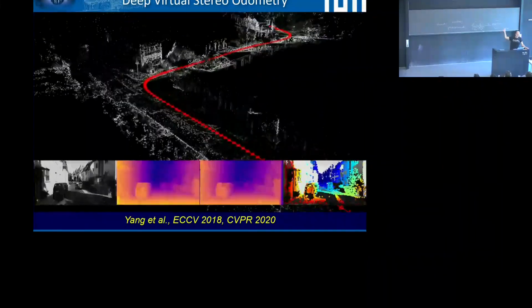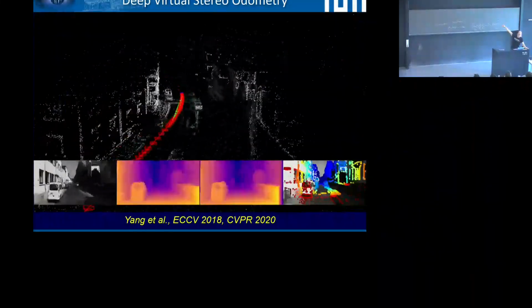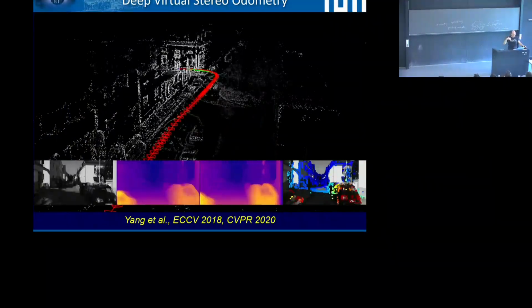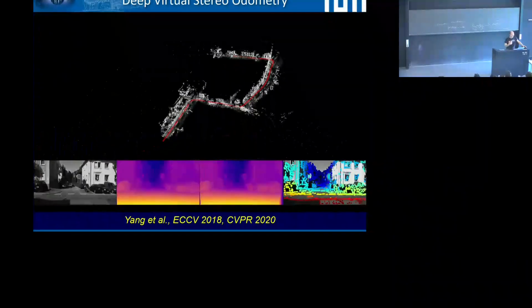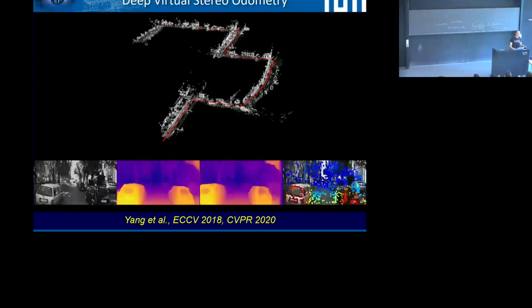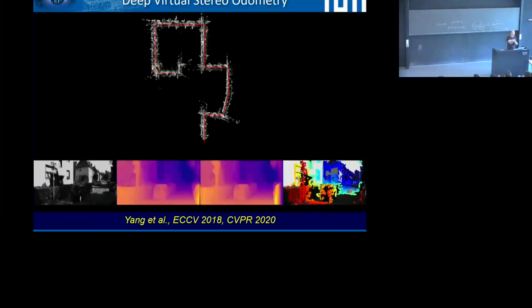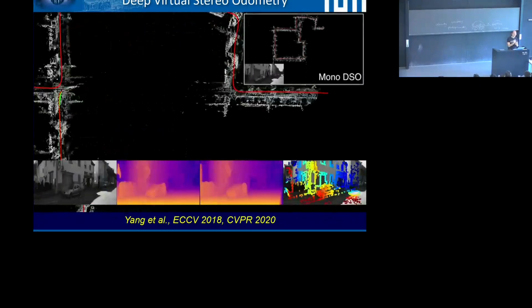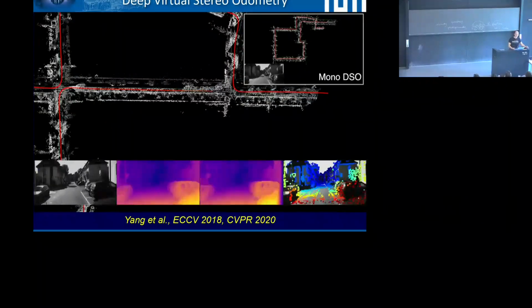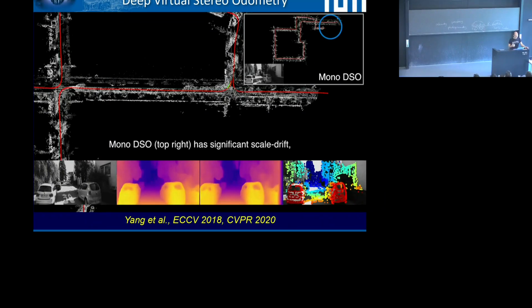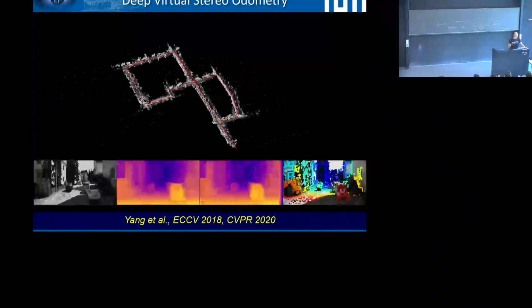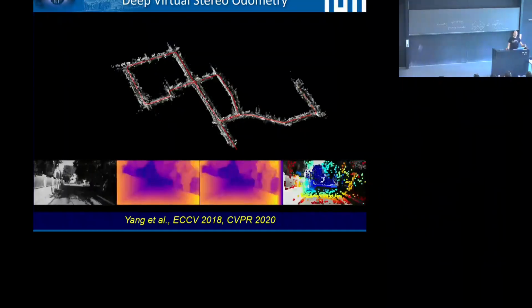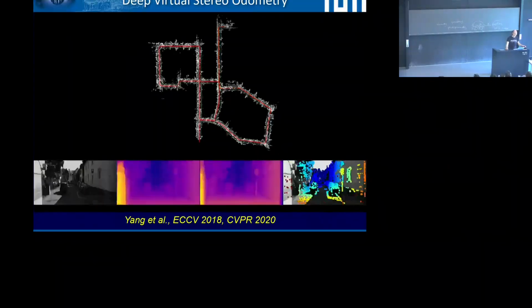And what we do here is we have depth predictions that you see in the middle on the bottom that the network does for any image, and we feed them into the SLAM system saying, reconstruct from a single camera such that you're consistent with what the deep network predicts.